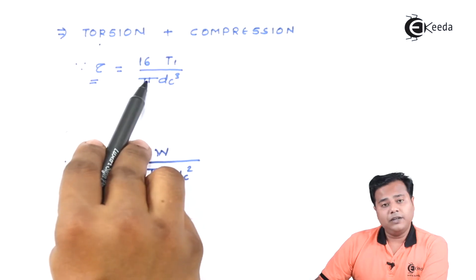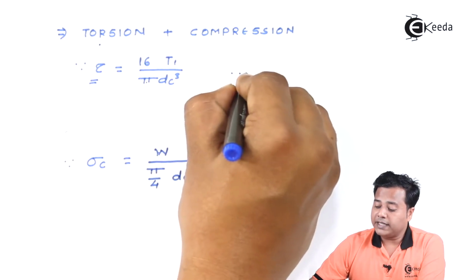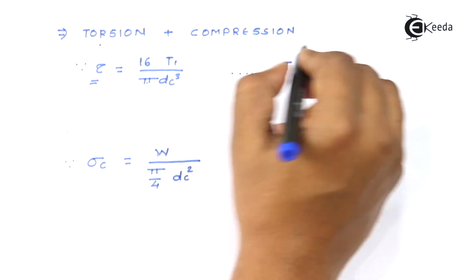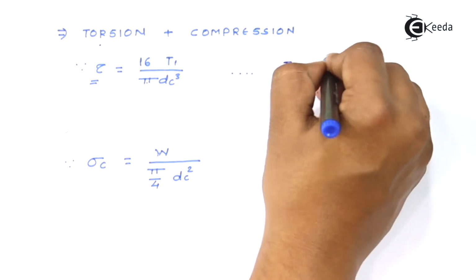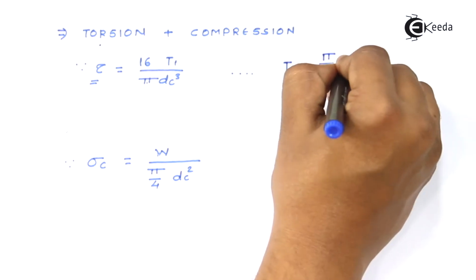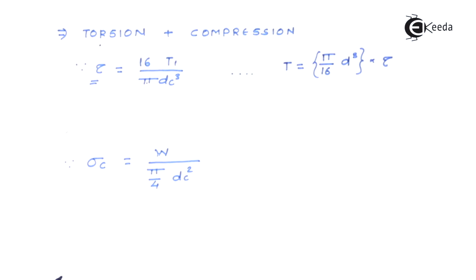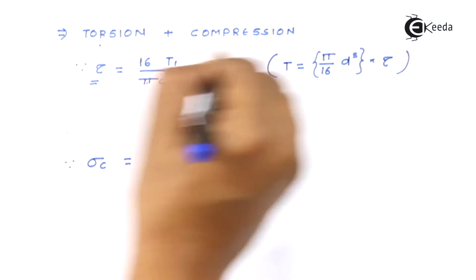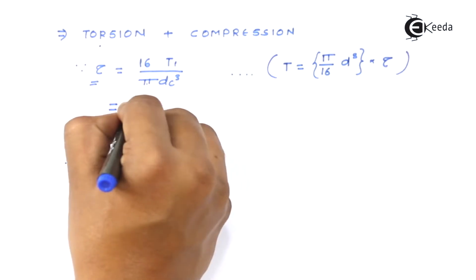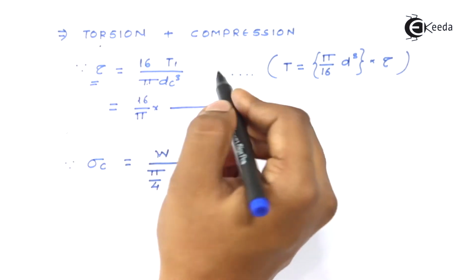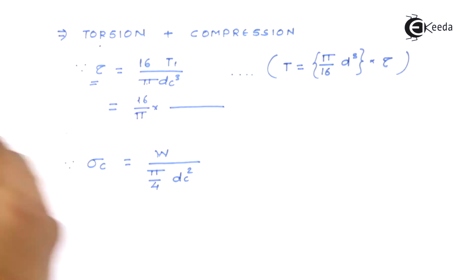We know that there is a standard formula for shear stress which has actually derived from the torsion equation, which says that torsion is equal to the polar section modulus into shear stress, and that's why using this expression we are going to find out shear stress. So let us substitute the values. The torsion T1 value we already know.